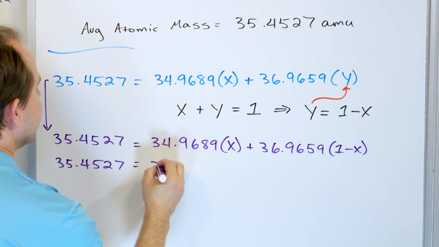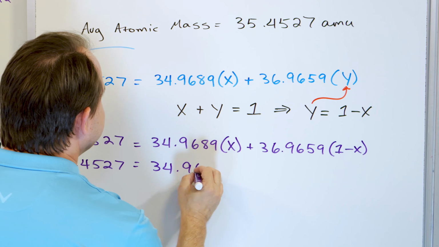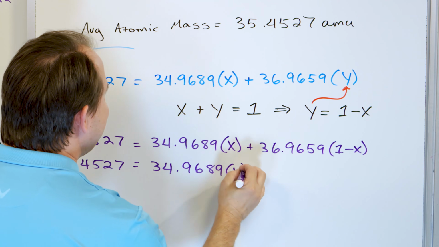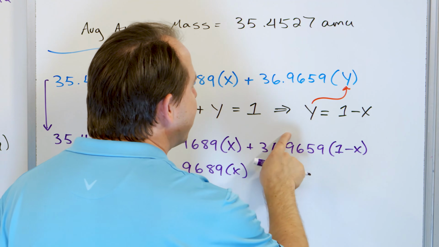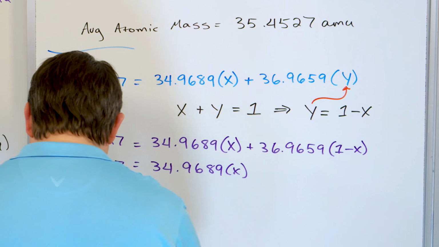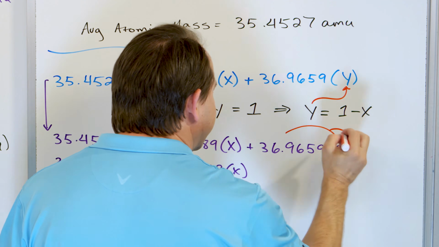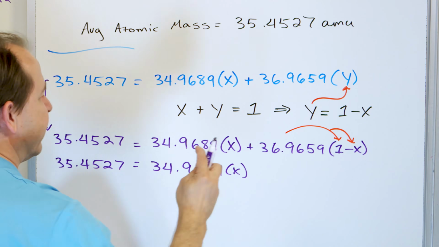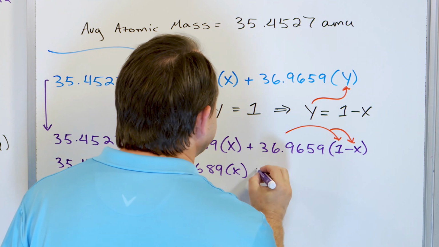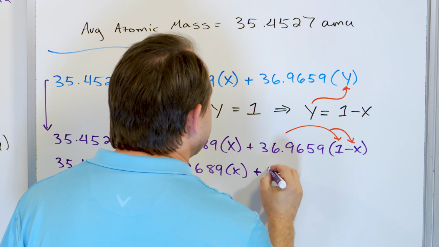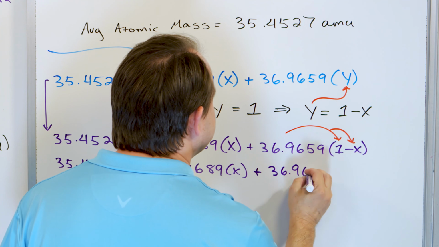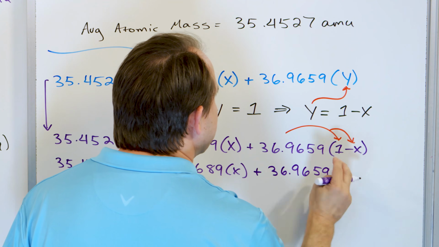35.4527 equals 34.9689 multiplied by x. Here we have to use the distributive property. We multiply in this number times the first term and then times the second term. That's how we solve this equation. We multiply in. So we have plus, this times the 1 is 36.9659 times 1.